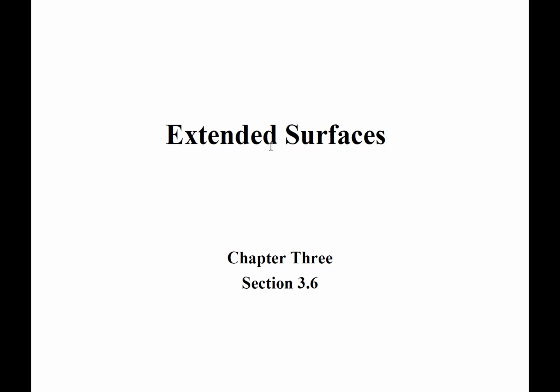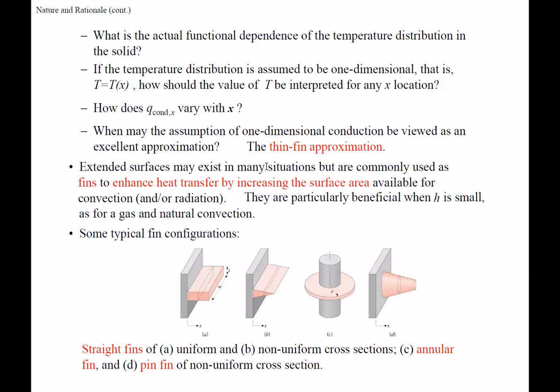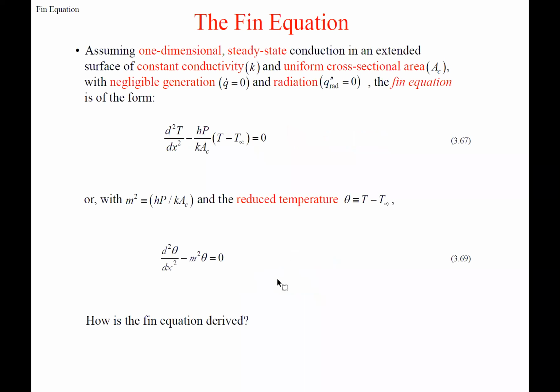All right, so we were on chapter 3 with the extended surfaces. We talked about the combined conduction-convection, what it is to be a fin, how the temperature profile changes, some fin configurations, and the importance of it. And then we got to this point with the fin equation, right?